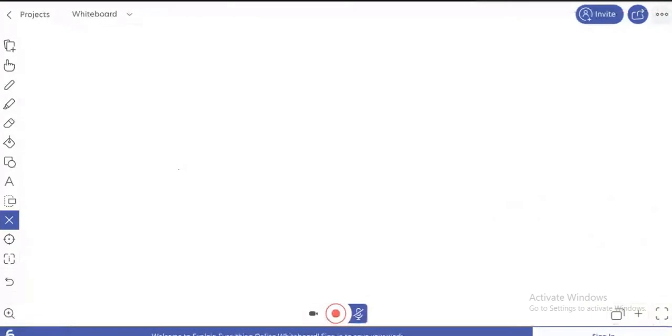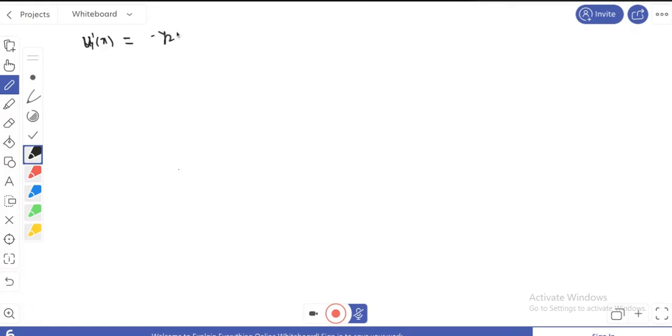On the next page, we have u1' equals minus y2(x) g(x) over a0(x) times the Wronskian of y1, y2.